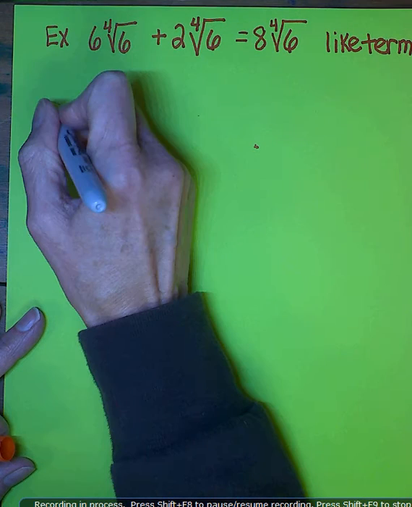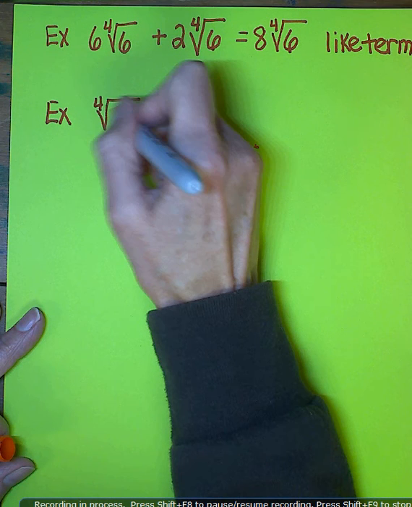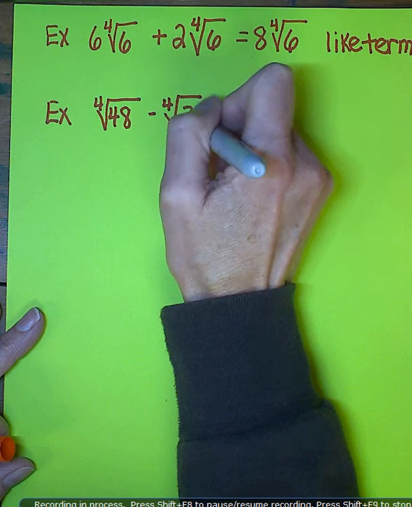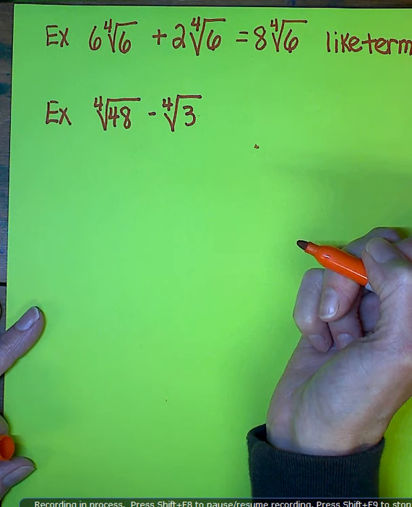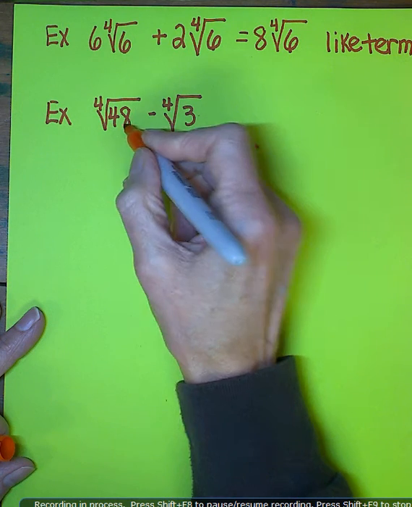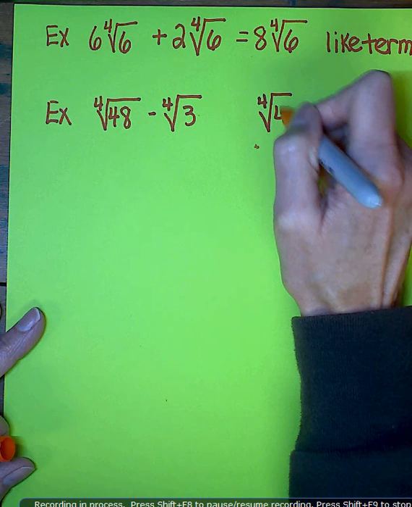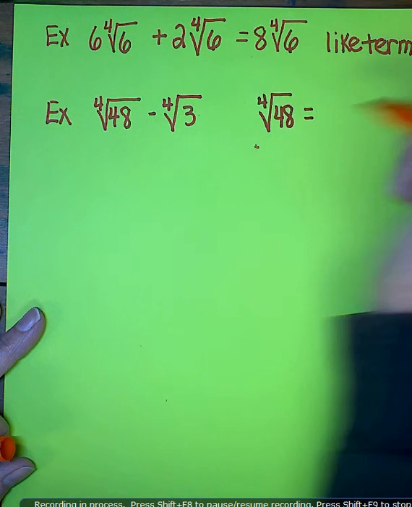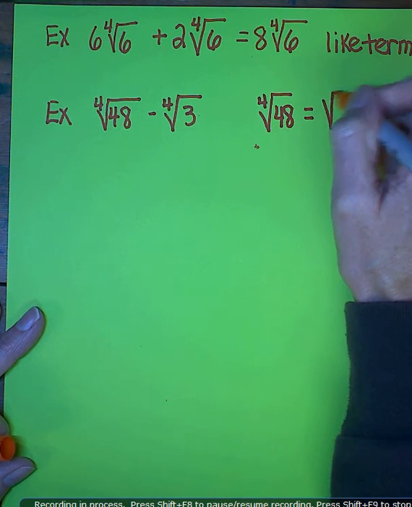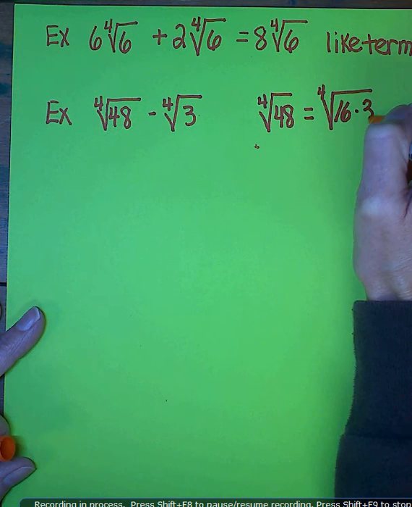So let's look at one that isn't. And you'll have one like this in your homework, I believe. These are not exactly alike. They're both the 4th root, but one is 48 and one is 3. So what I want to do is see if I can simplify. I'm just going to take the 4th root of 48 and see if I can simplify it. Okay, I'm going to start with 2 again. 2 to the 4th power is 16, and I know that 16 goes into 48 3 times.